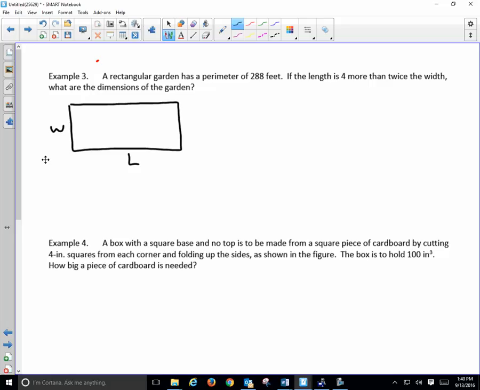Now, I could really use an intelligent statement involving an equation. Ooh, wow. On cue. So he says length is, that's equal sign, 4 more than is plus sign, twice the width. Nice. Like to take English and model it mathematically. Awesome.